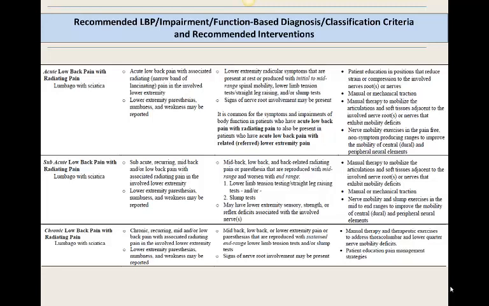Chronic low back pain with radiating pain. Typically, these patients will have problems with sustained or end range movements that put stress on the lower limb nervous system. They may also continue to have signs of nerve root involvement.